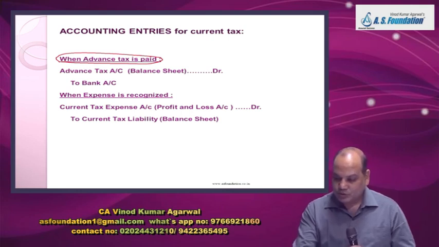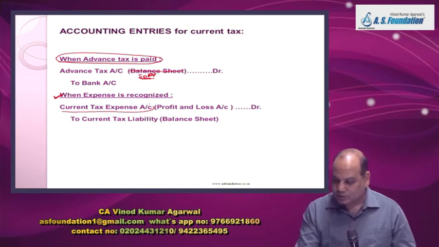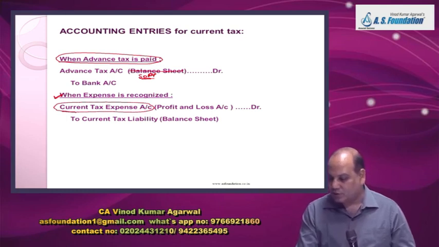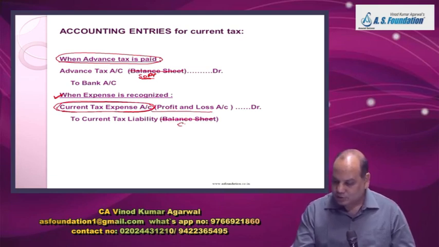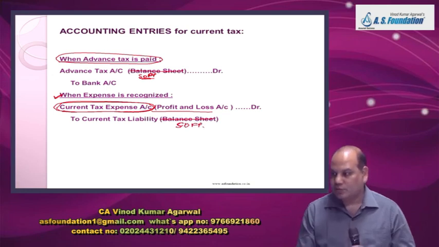So every time you pay advance tax, you pass an entry of advance tax to bank. At the end of the reporting period, you create a liability by passing the entry: current tax expense account, which is transferred to the P&L account, to current tax liability, which will be transferred to the SOFP.